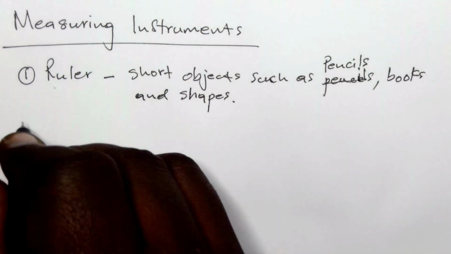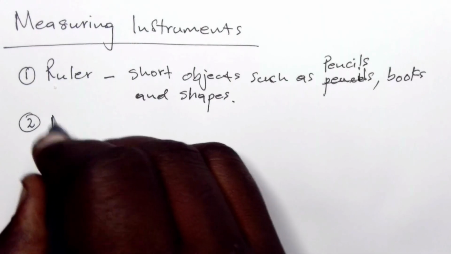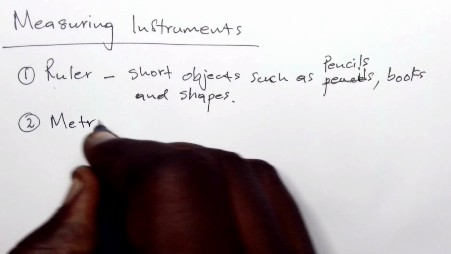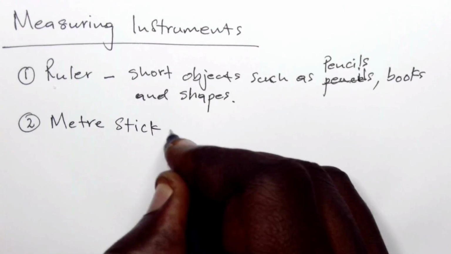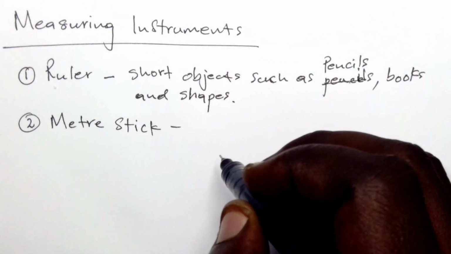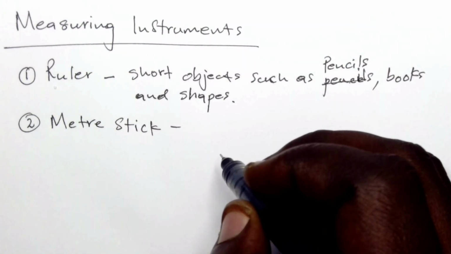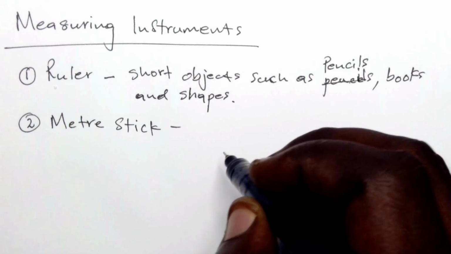Now, the second one is the one that we call meter stick. Now when to use this one? We use this one for objects that are about 1 meter long or longer.